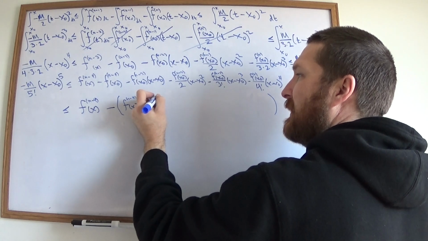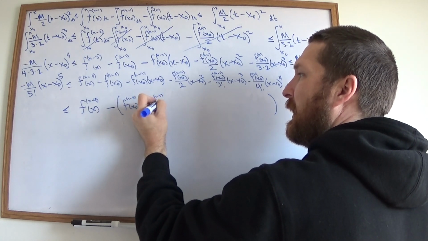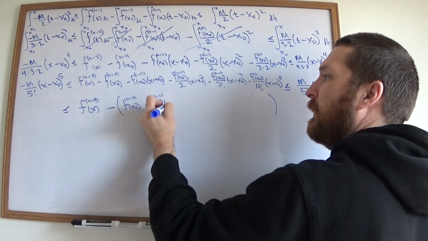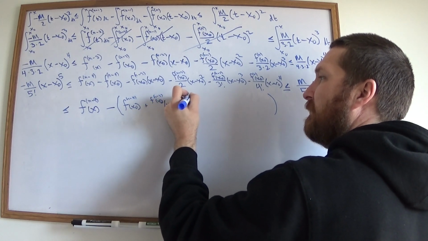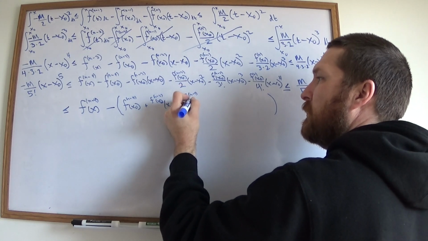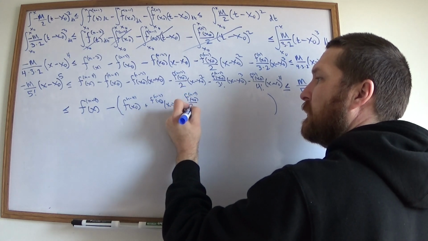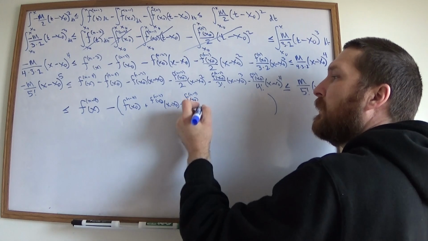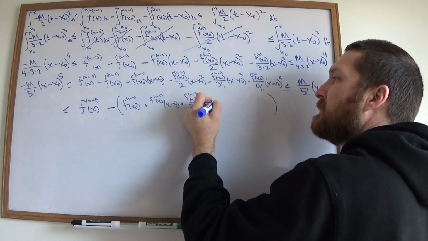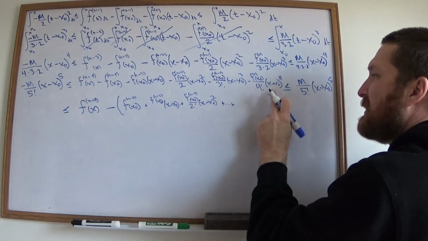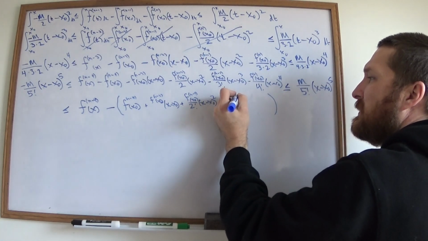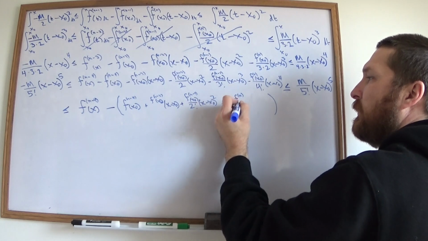That's f n minus 3 at x0, x minus x0, plus f n minus 2 at x0 over 2 factorial, x minus x0 squared, and so on up to the last one that we have, which in this case is the nth derivative.